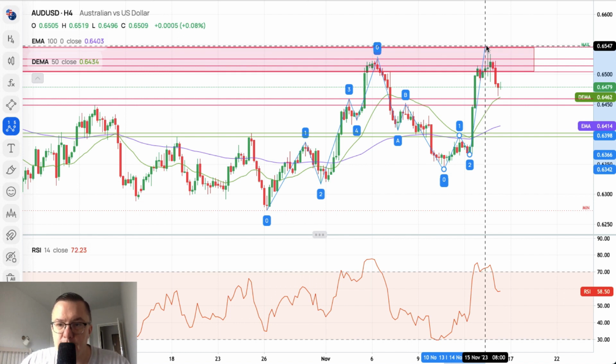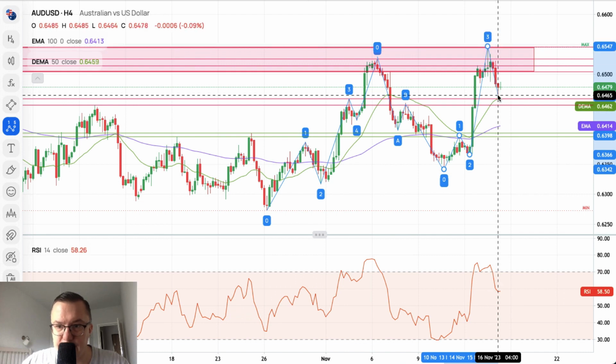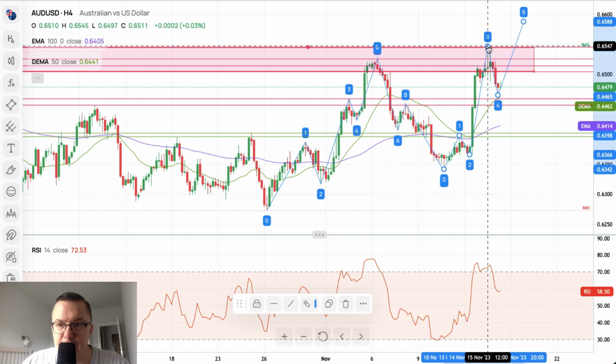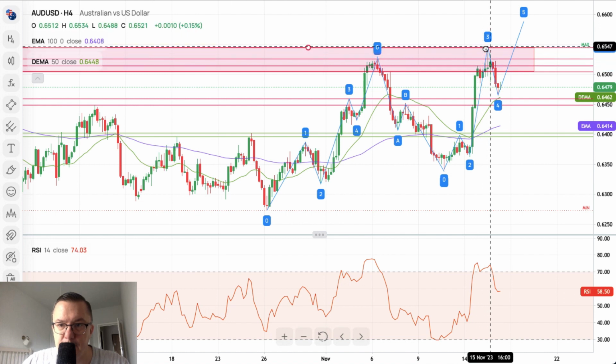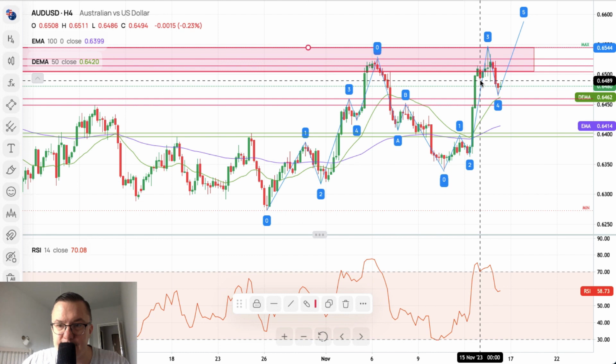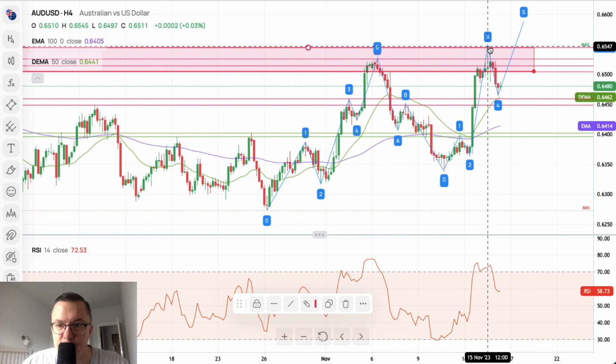Now this looks like the wave 3 top, so there is still a chance for the market to move higher. This looks like the wave 4, and of course we are waiting for the wave 5, unless the wave 3 has been completed here. This one red candle is wave 4, and this is the final push in wave 5.